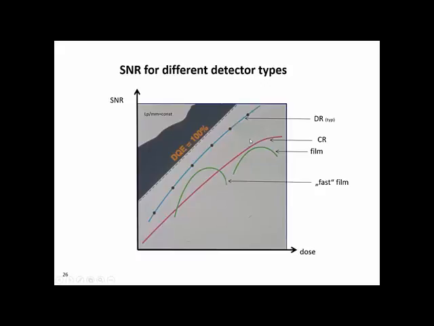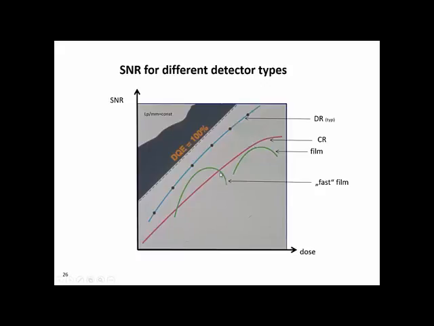We call this a linear behavior, and this means over or underexposure, like a film showed, is not possible on CR. Every dose level will create an image. Of course, if the dose is too low on CR, the noise level is too high, and this might not be sufficient because the image looks too grainy.